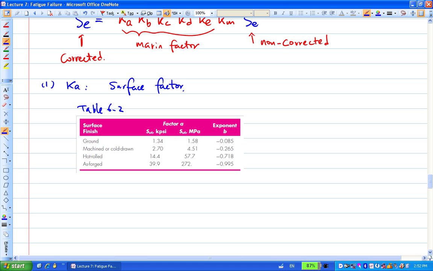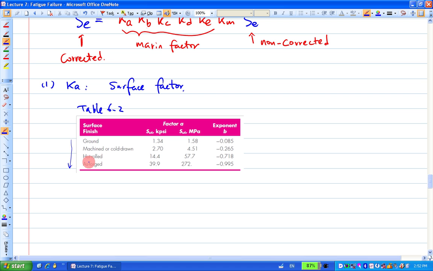If you look at this table, the first column gives you different surface finishes: ground, machined or cold drawn, which refer to the same kind of surface, hot rolled, or as-forged. Using basic manufacturing knowledge, which one do you think has a rougher surface?